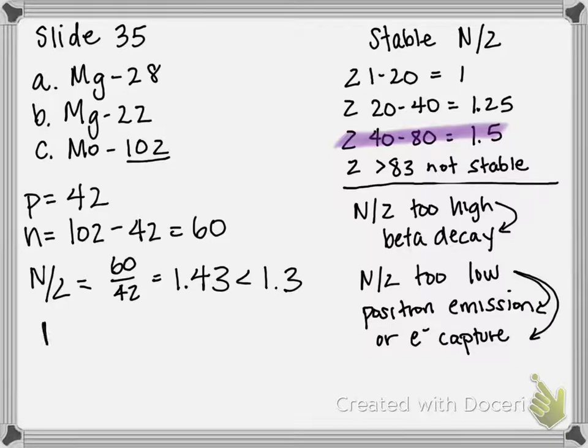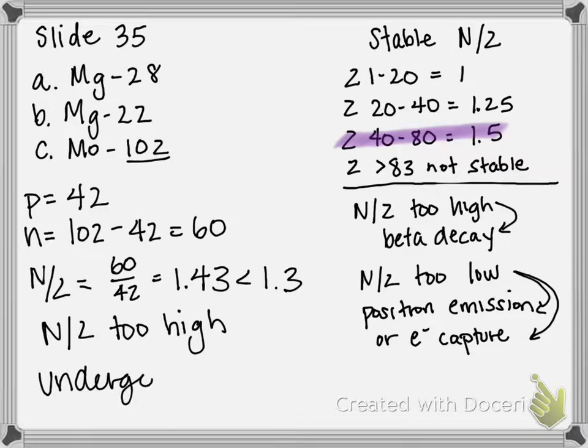Therefore, the N to Z is too high, and we undergo beta decay. This one is a little tricky because once you get beyond a Z of 20, they approach the numbers that are stated in slide 34, but they're not exactly equal to that.